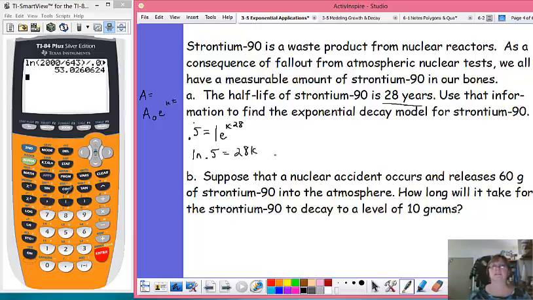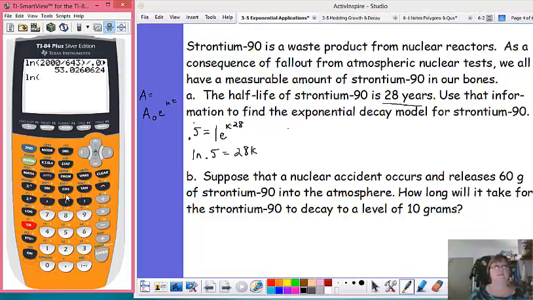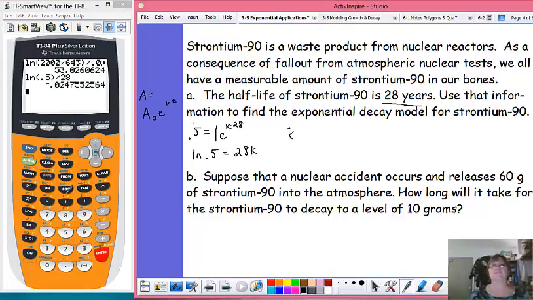So the work I need to do to find k is to divide the natural log of 0.5 by 28. This will get me the decay rate of this strontium-90. So k, the rate of decay, is about negative 0.0248. You guys, that makes sense. Since decay means it's going down, the k value is negative here.